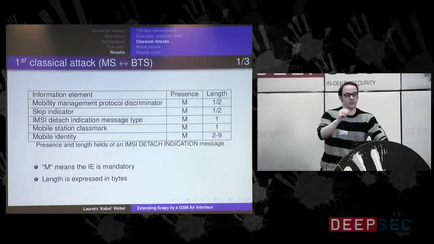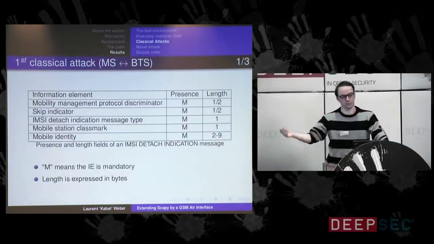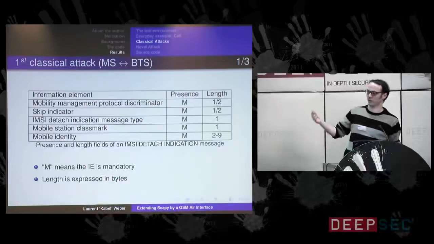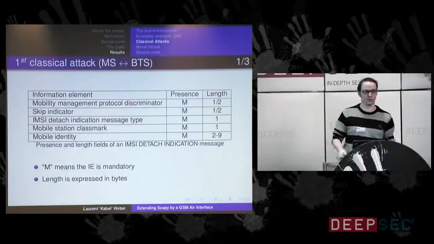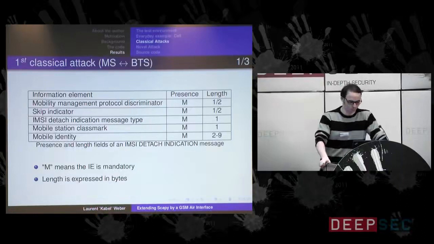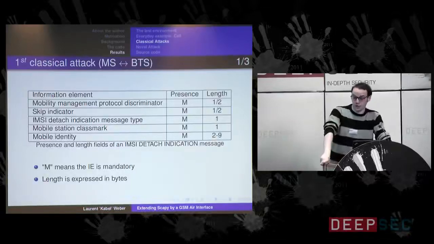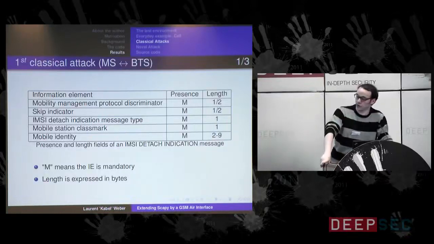This time you are sending it from the mobile station to the base transceiver station, so I'm only presenting this in theory, since I'm not sending messages to a network, but just to show you how easily this attack can now be realized. The specification of this message is represented in this table.